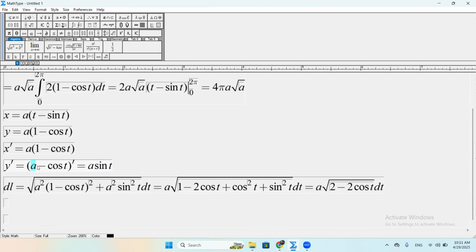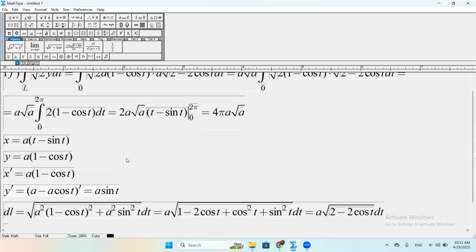So a prime will be equal to 0, and minus a cosine prime will be equal to a sine. Okay, understood, thank you. It is the derivative from the table. So don't forget that if you differentiate the cosine, the sign changes.